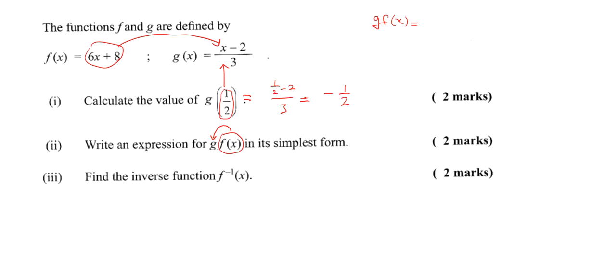So it'll be (6x plus 8 minus 2) all over 3.